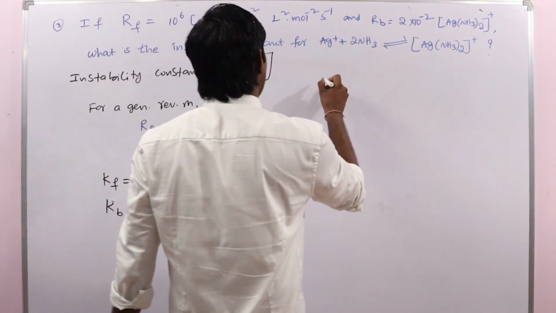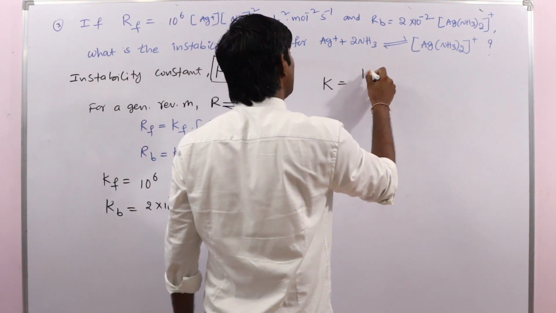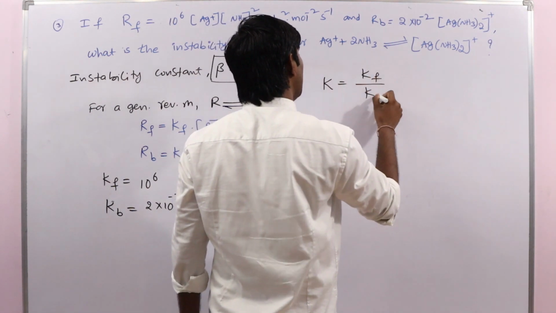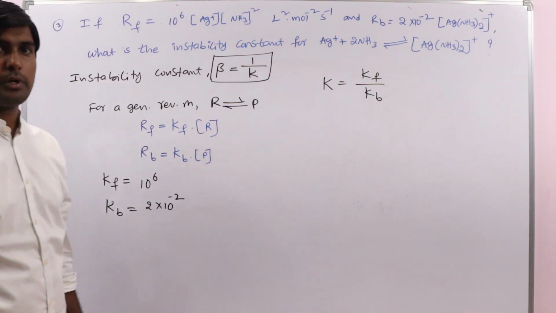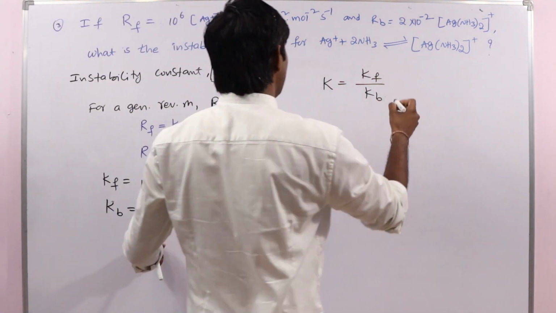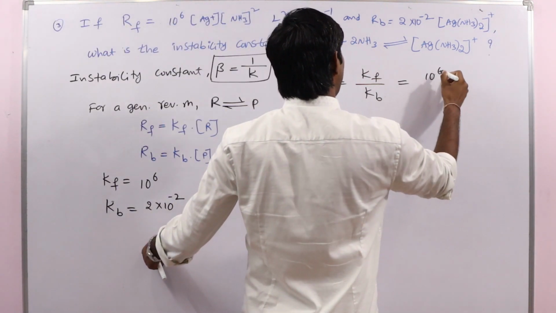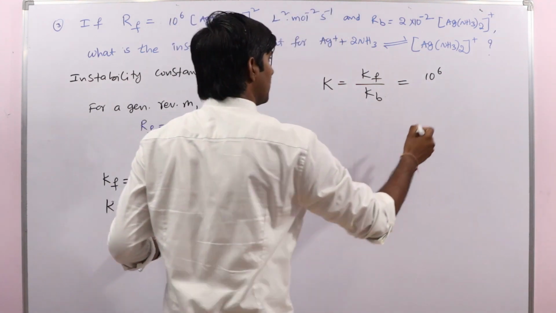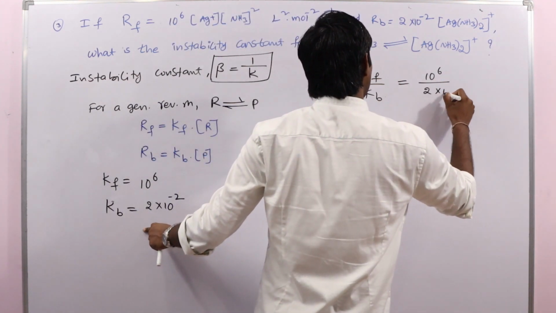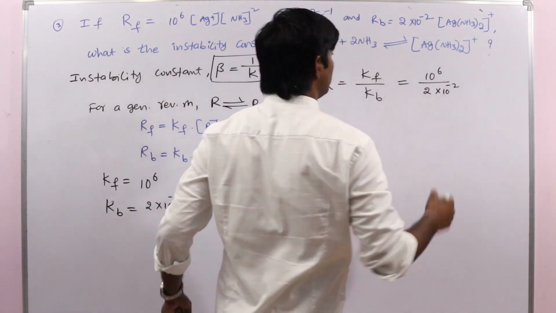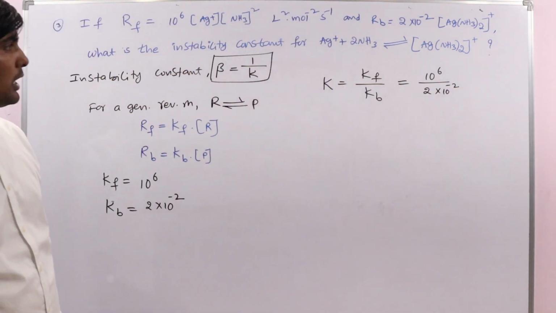And we also know one relation, that equilibrium constant is equal to Kf by Kb. If you substitute here, 10 power 6 by 2 into 10 power minus 2, this is the equilibrium constant value.